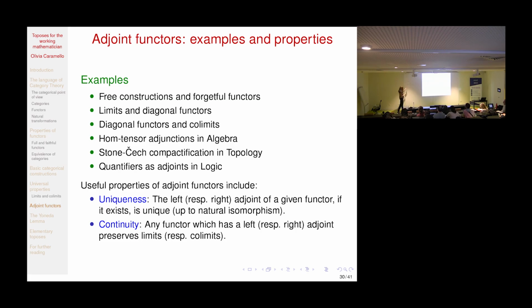Now, if we regard this as a functor between these poset categories, we realize that this has a right adjoint called for all f, and you will understand in a moment the reason for this notation, and a left adjoint called there exists f.